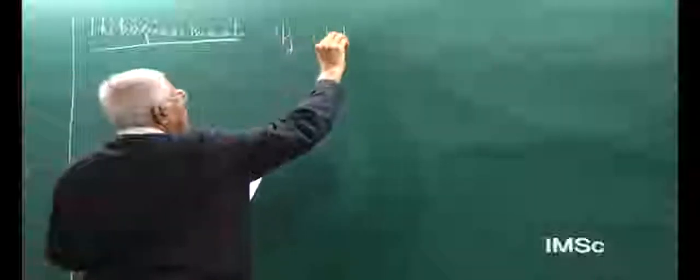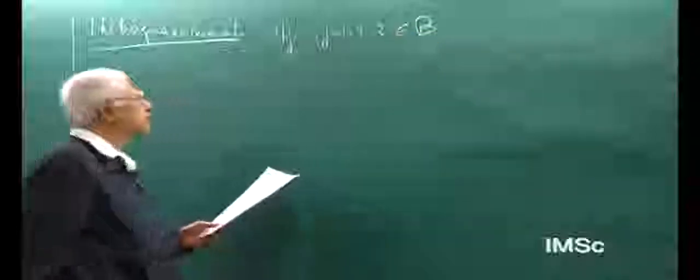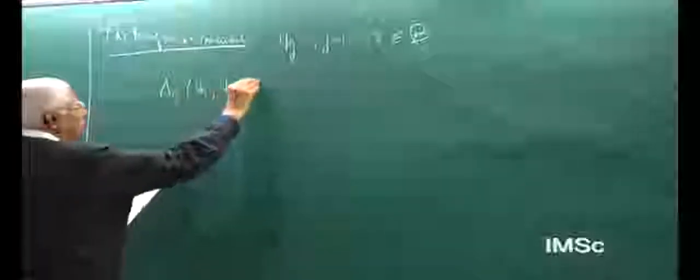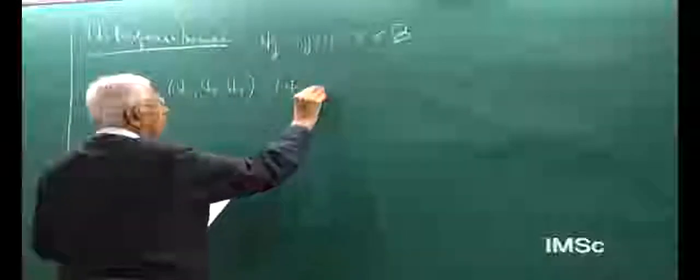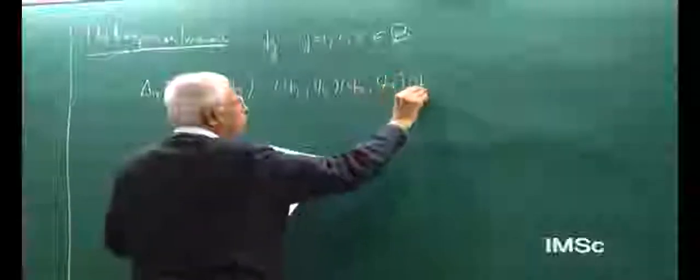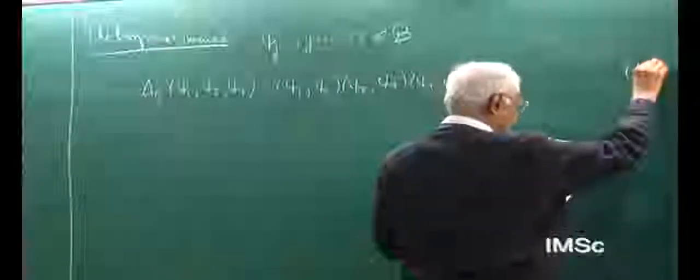You take three generic unit vectors in your Hilbert space and you ensure no two of them are mutually orthogonal, and here is the definition of what is called the third order Bargmann invariant. It is a product of three Hilbert space inner products.